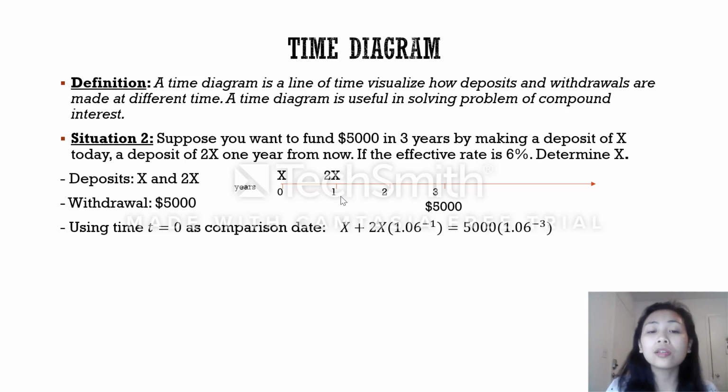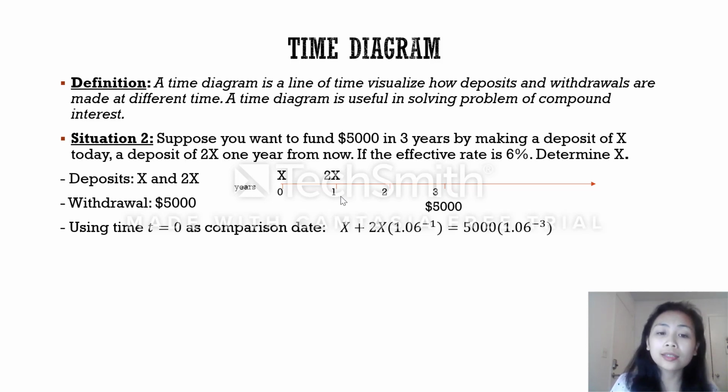One thing you should pay attention to: if you want to bring the money forward, you multiply it by 1 plus i to the power of n, where n is the number of steps. If you want to bring the money backward, you multiply by 1 plus i to the negative n, where n is the number of steps.